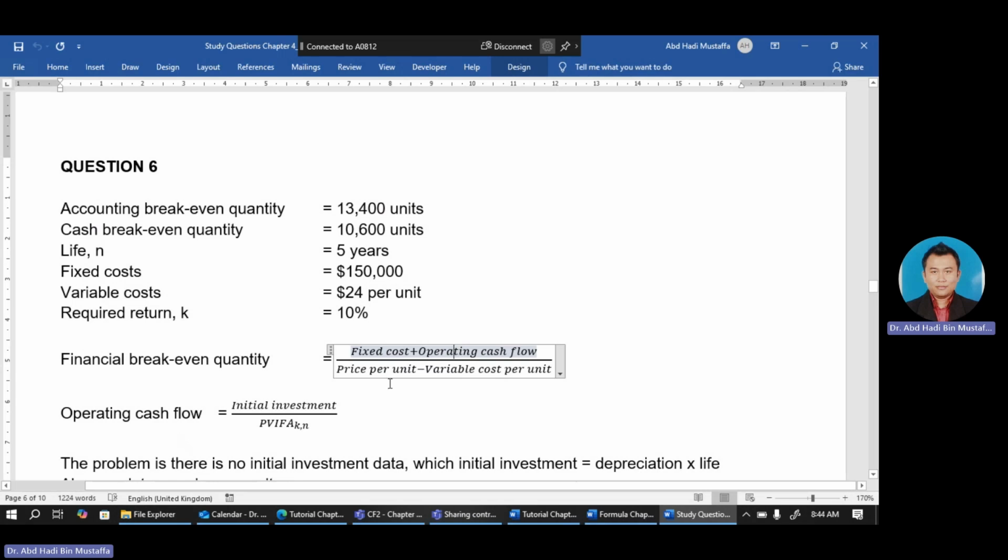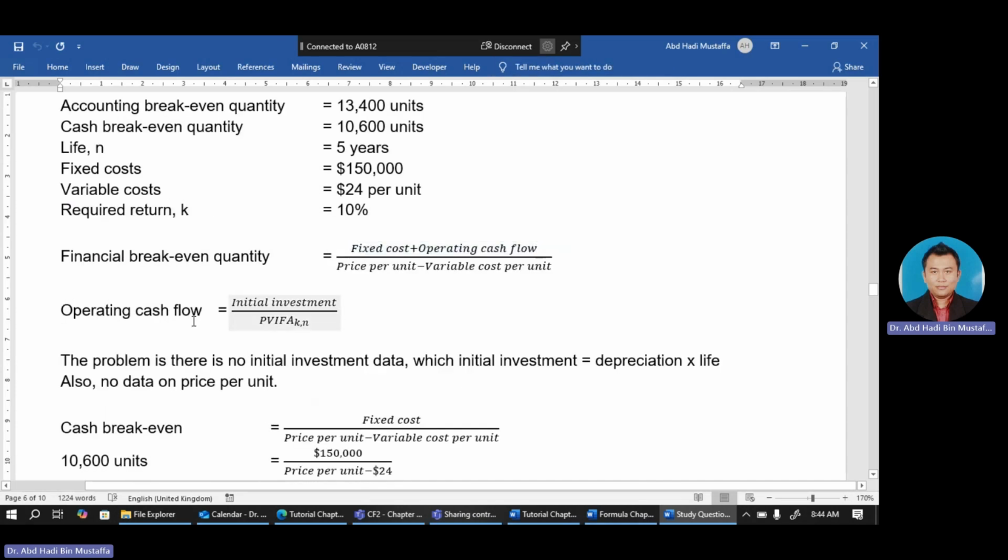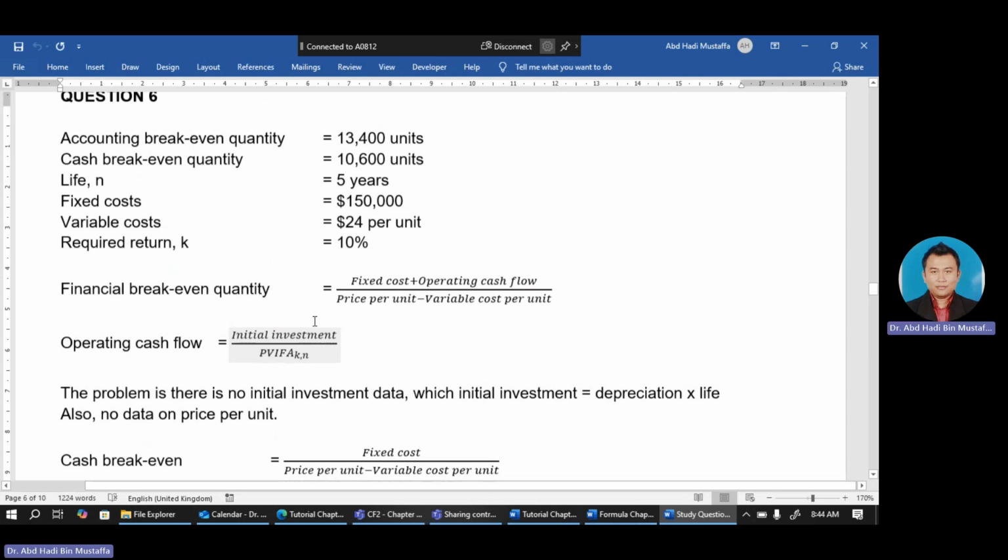Since there is no OCF and price per unit, you need to work backwards, from the back to the front. So you can find operating cash flow first: OCF is initial investment divided by PVIFA. However, the initial investment is not given, so you have to find it.